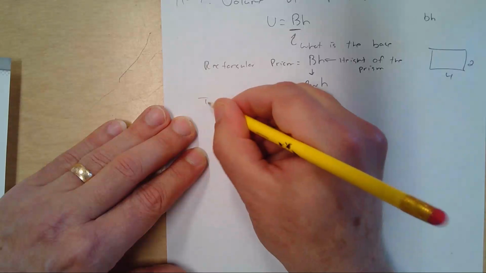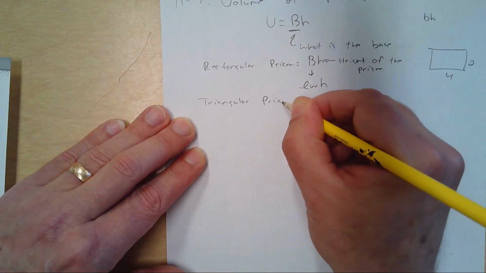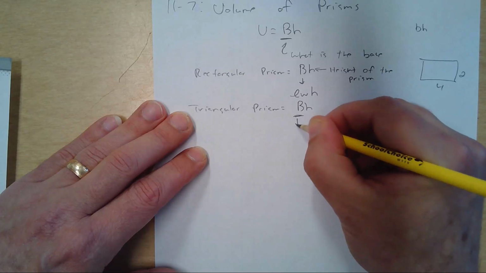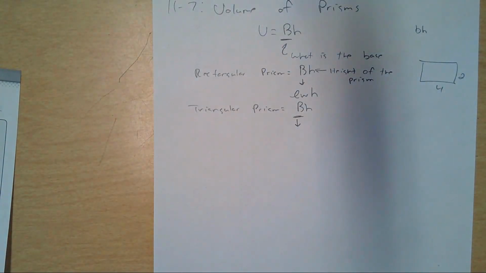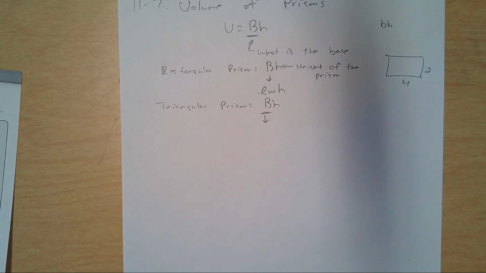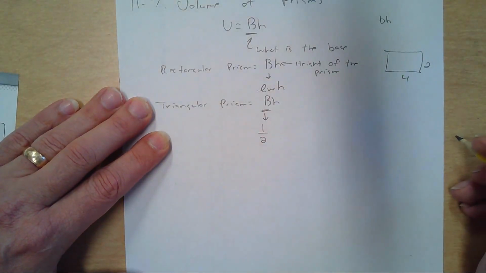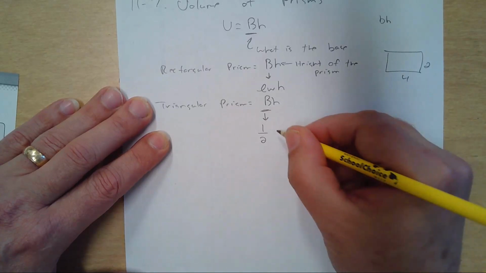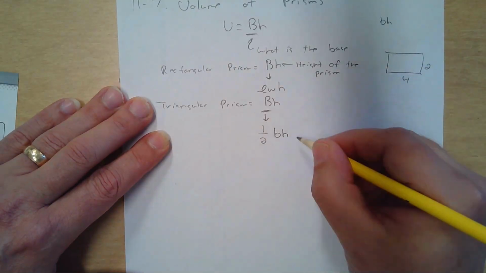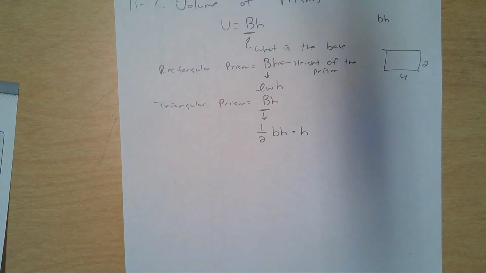If I had a triangular prism, well, this time the base is a triangle. So still base times height, but this time, what's the formula to find the area of a triangle? It's 1/2 times length... no, not length. 1/2 times the base times the height, and then multiplied by, again, it's a little confusing, the height of the prism itself.